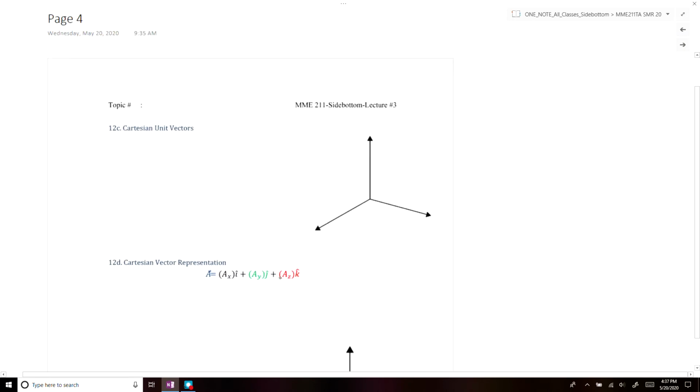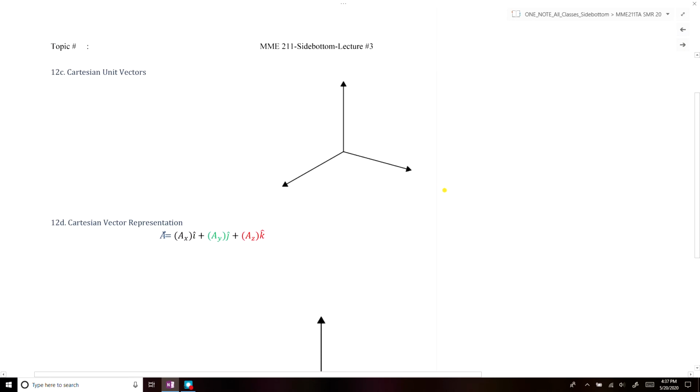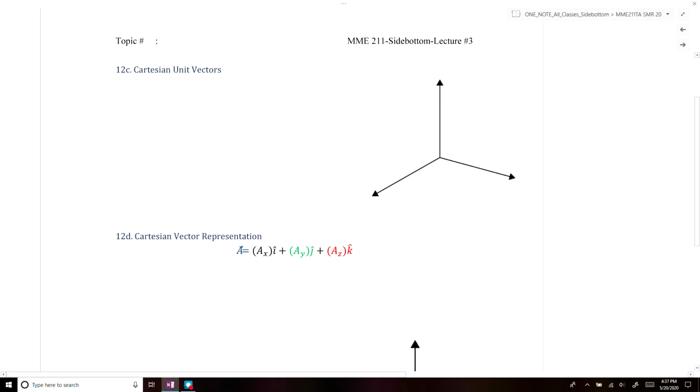To help us define our vectors even more, we can use Cartesian unit vectors. You may have used these in physics 191.